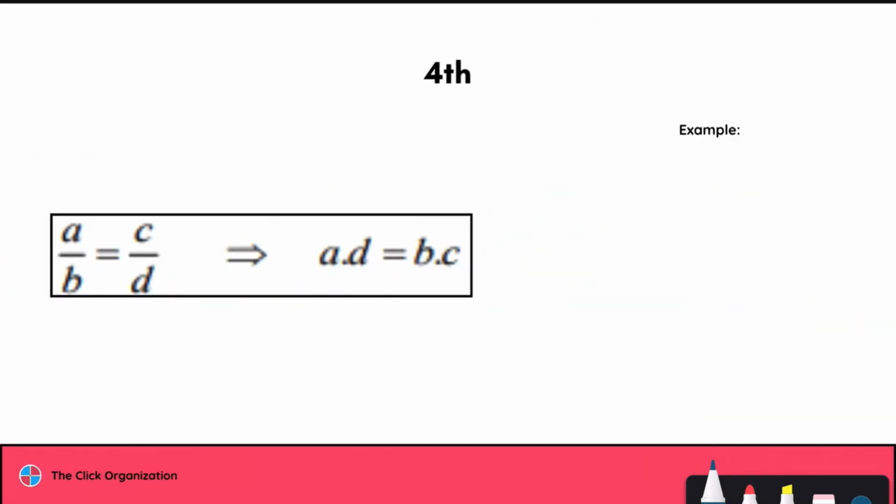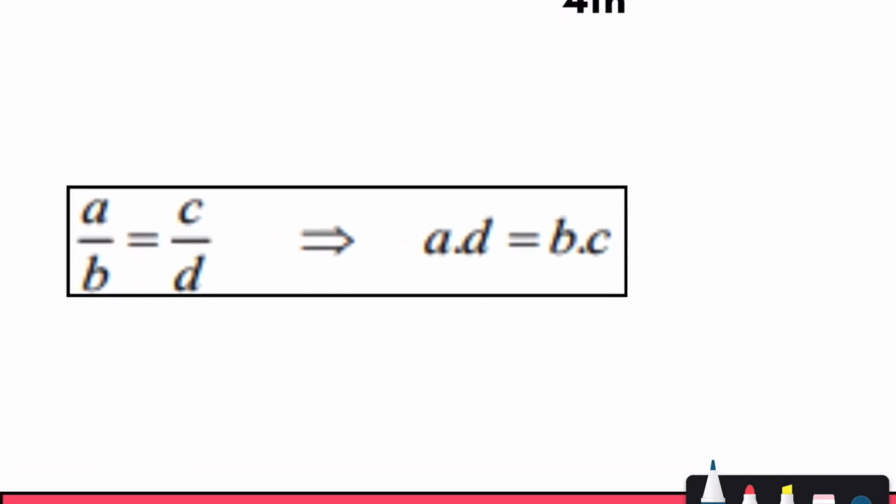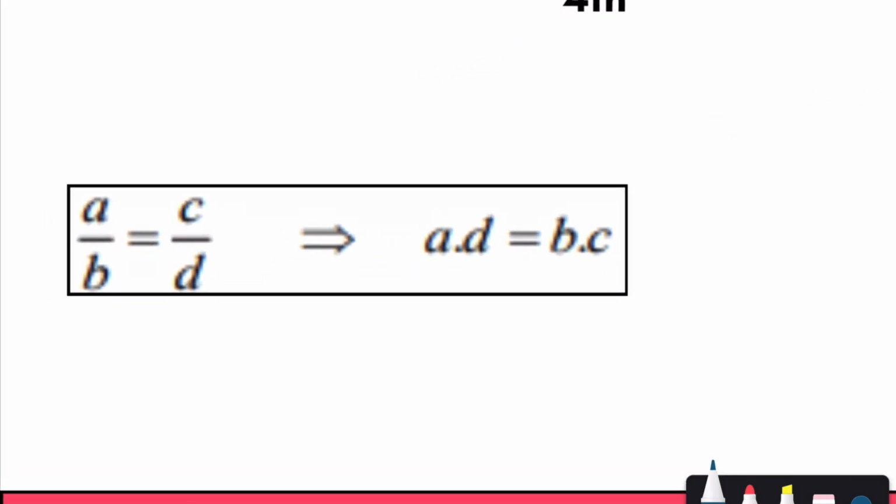The next property, the fourth one, is A divided by B equal to C divided by D. This is basically cross multiplication that we've been learning this whole time. So for example, 1 divided by 2 or 1/2 equaled to 2 divided by 4, right?